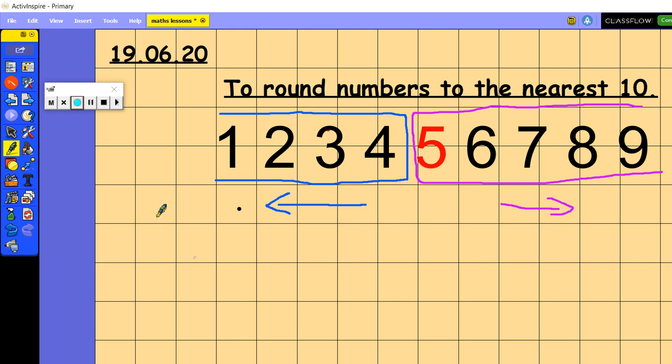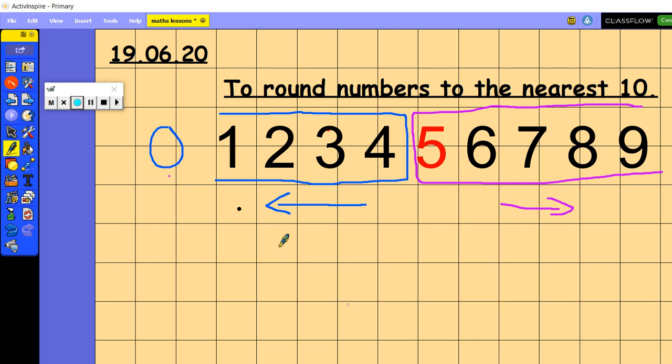This number here on my number line would in fact be 0, and this number here on my number line would in fact be 10. These are the numbers that we are looking to round to. They need to be rounded to a tens number, which has a 0 in it for the units.